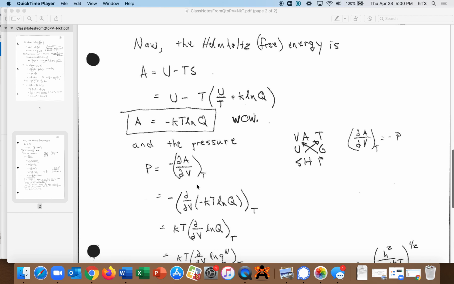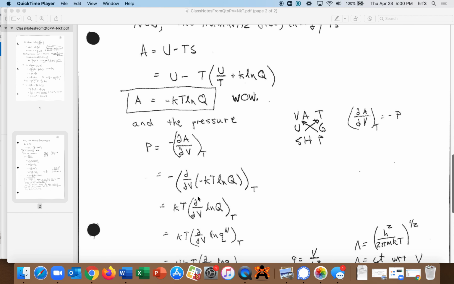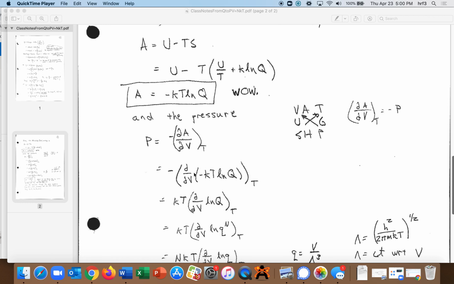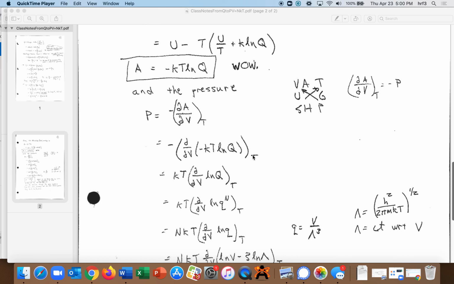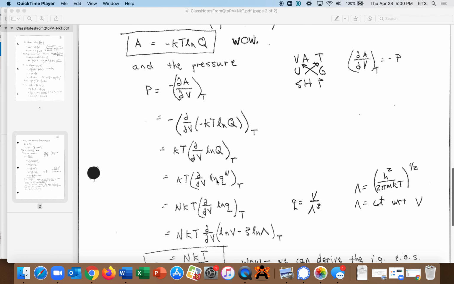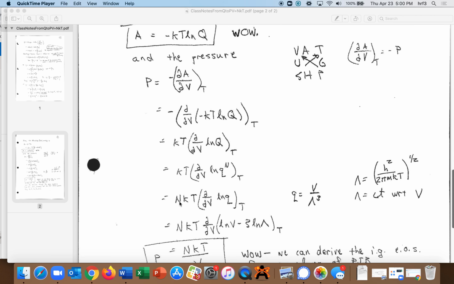So substituting in this for A, we've got negative d/dV of negative kT ln Q, at constant T. Well, if the T is constant, I can take that out of the derivative, so I got kT d/dV of ln Q, putting in q to the N for capital Q. I can take the N out, so I got NkT d/dV of ln q.